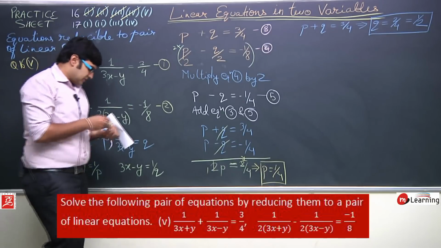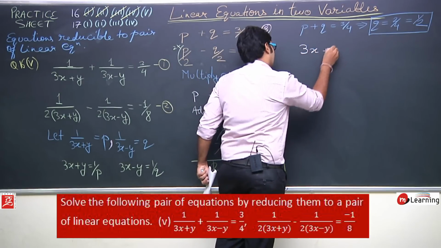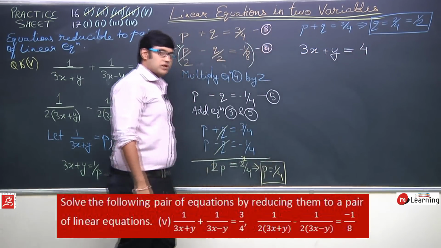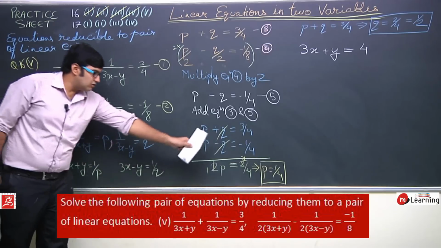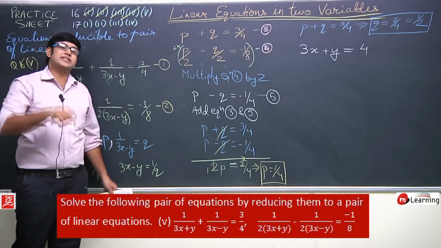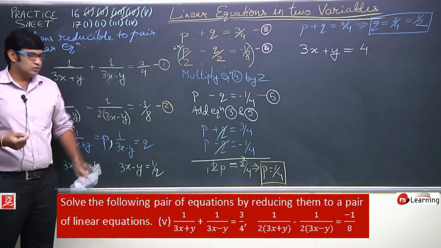So I can write 3x plus y is equal to 4, because in place of 1 upon P I can substitute the value of P. It will become 1 upon 4. It means it will go reciprocal and you will get 4. So 3x plus y is equal to 4.